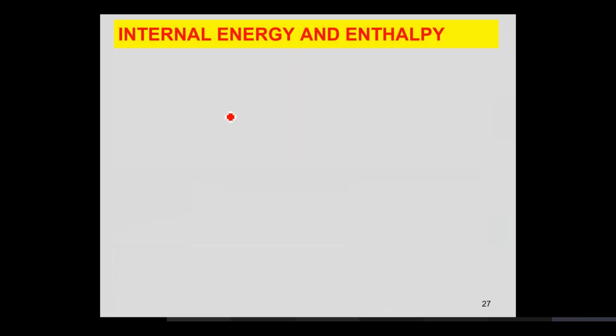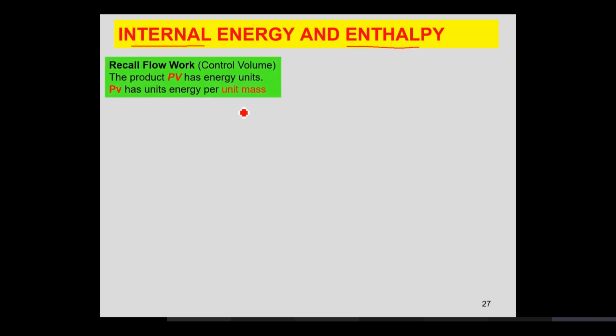So now we want to relate the internal energy and enthalpy. So how do we do that? Before we try to establish a relationship between the two, we would recall that the flow work is essentially PV, pressure into volume, has the units of energy, joules or maybe kilojoules, and P specific volume has the units of kilojoules per kg.